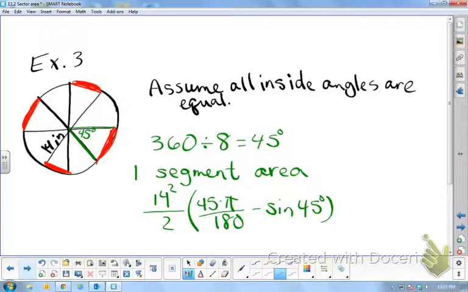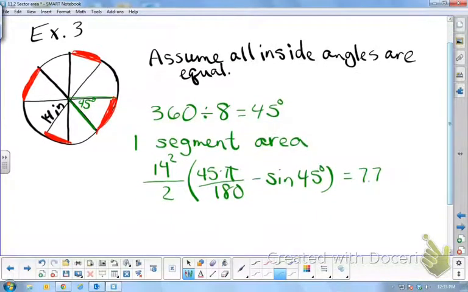Again, we would just plug this into a calculator to get the decimal. We get 7.7. That's just one segment area.